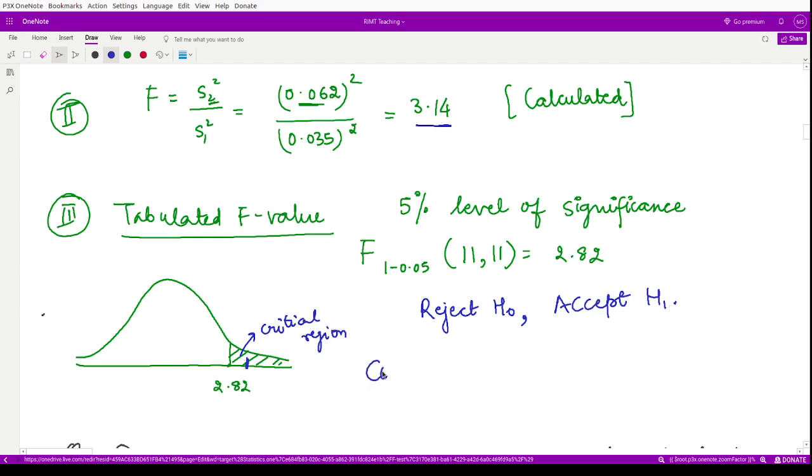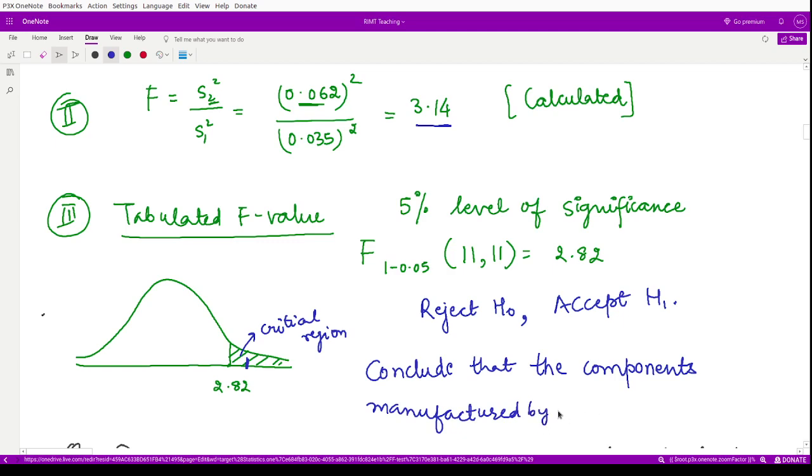So in this case, we will conclude that the components manufactured by machine 1 are less variable than those manufactured by machine 2.